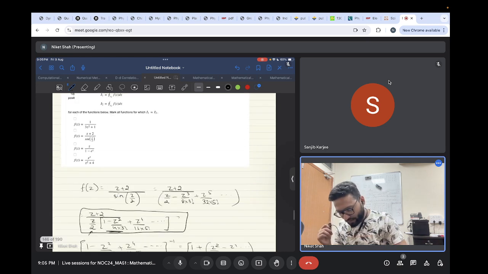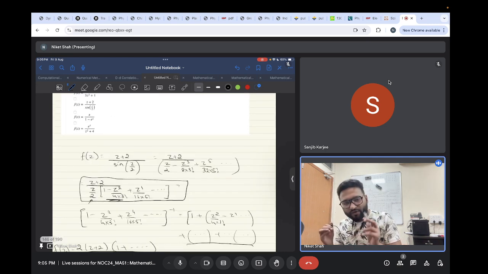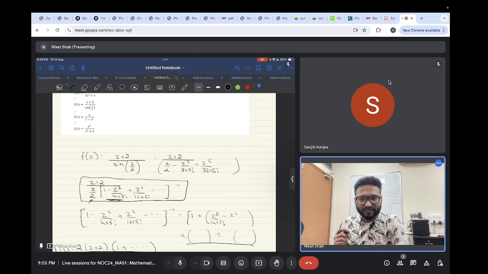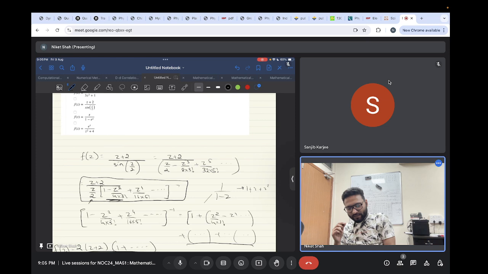So that's why when we wrote it in this form, we are trying to figure out the order of the pole near z equal to 0 only. That's why this method is okay. Otherwise, writing 1 upon 1 minus z as 1 plus z square and so on is not valid if mod z is greater than 1.